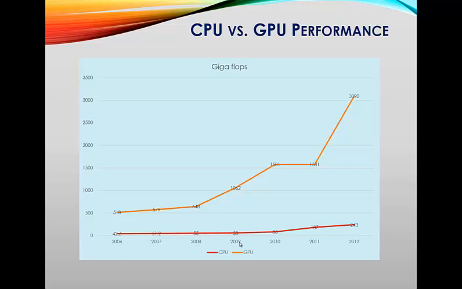The computational power of the CPUs over time has been steadily increasing, kind of doubling every other year or so, but it's been changing in a linear fashion. So we had single core CPUs in 2006 with so much power, and in 2012 the performance increase within the CPUs is still within the same order of magnitude. It's only 1 order of magnitude larger.